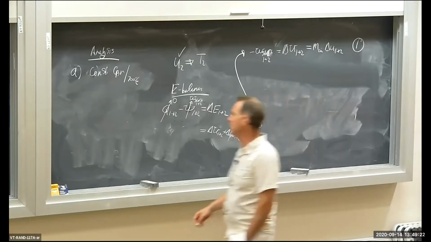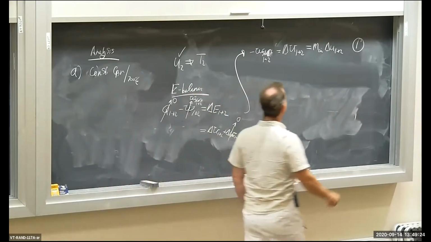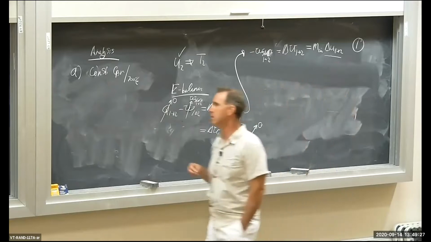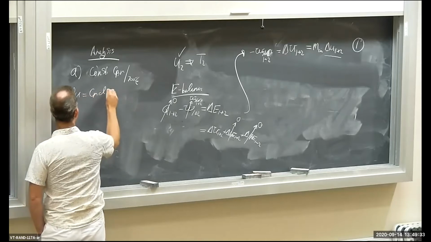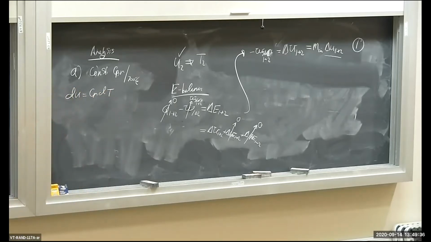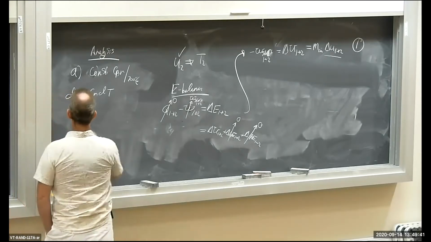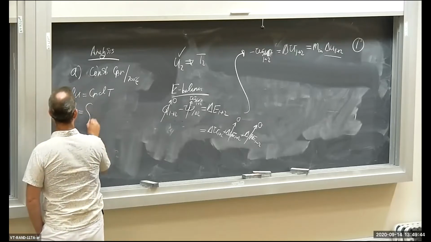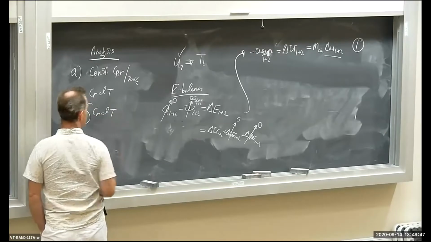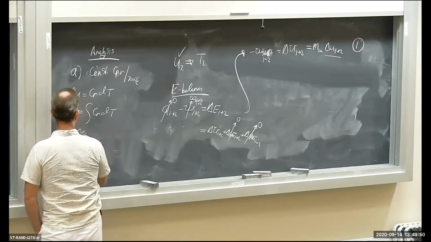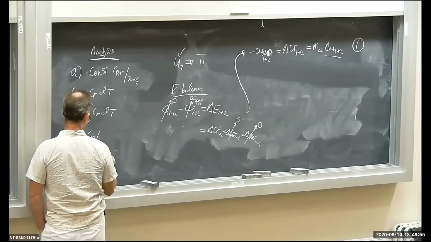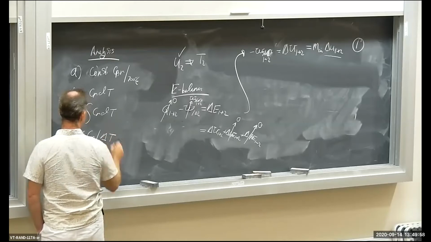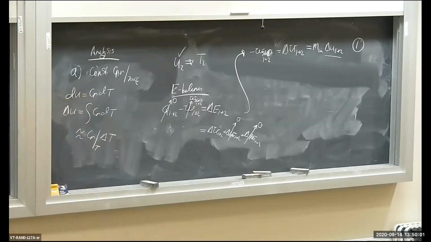Okay, so let's recall from the property relationship, du is equal to CV dT. That's a property relationship that we derived last time. In other words, delta U is equal to the integral of CV dT, which is approximately equal to CV evaluated at some temperature times delta T. So I'm going to assume CV is constant.